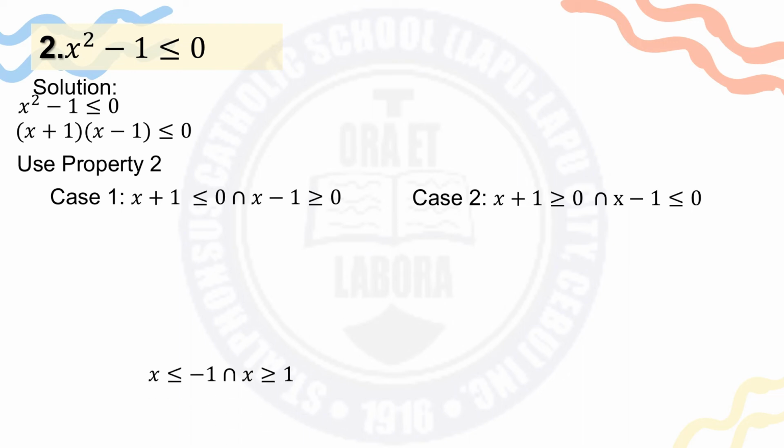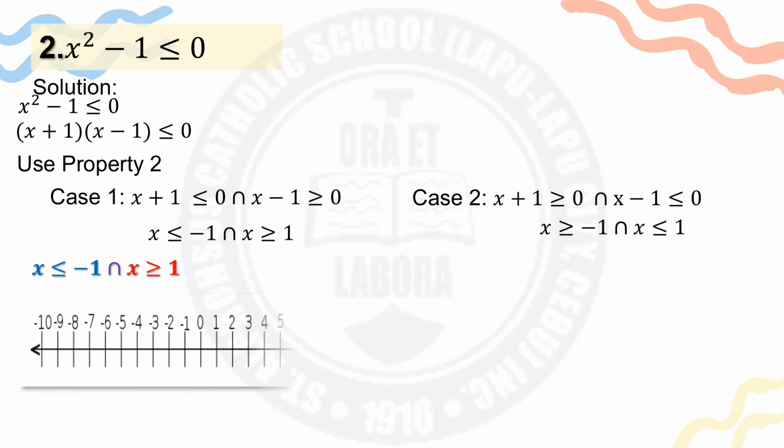As we simplify this, case 1 we will have x is less than or equal to negative 1, intersection, x greater than or equal to 1. For case 2, x is greater than or equal to negative 1, intersection, x is less than or equal to 1.